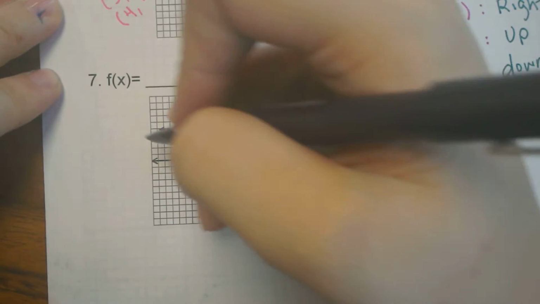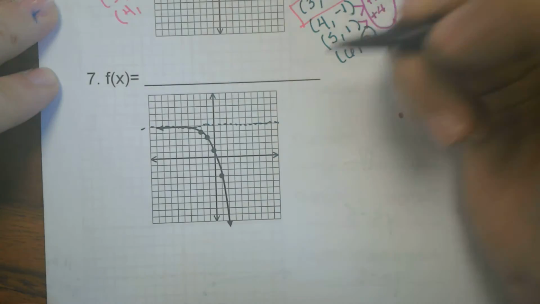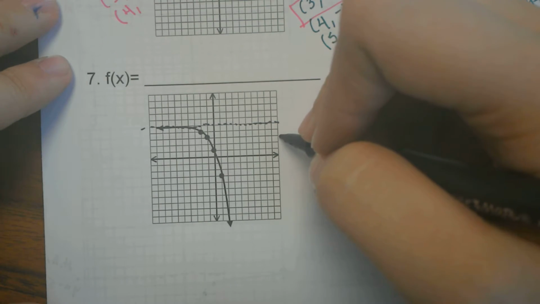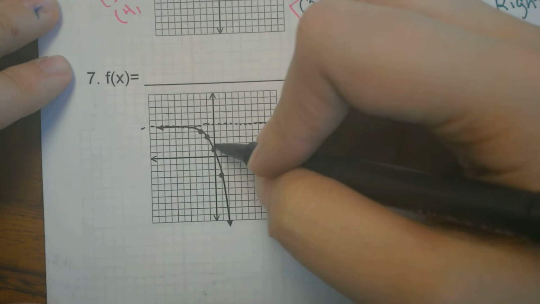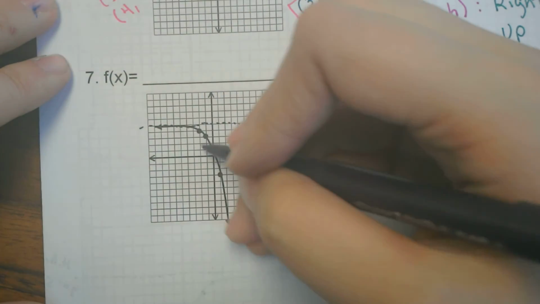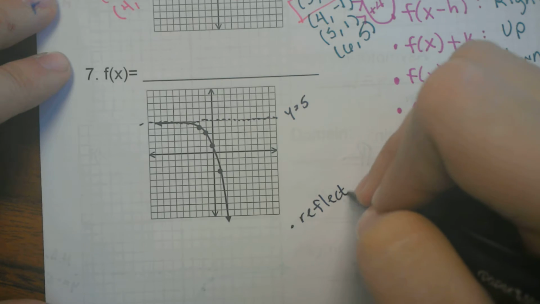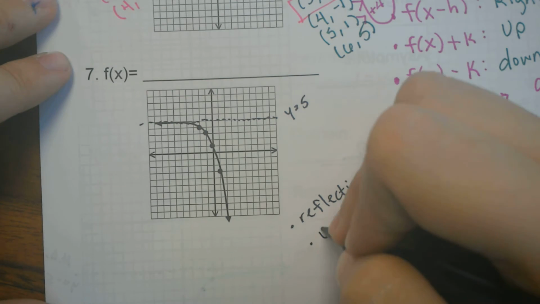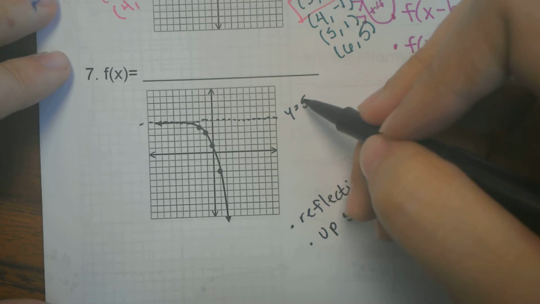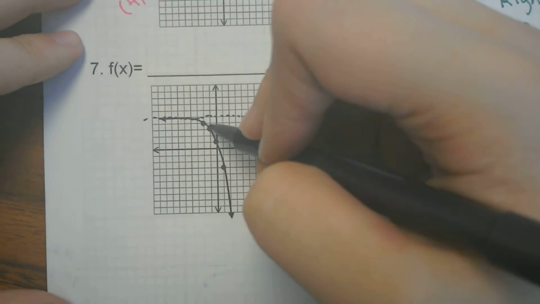So this one, I have my horizontal asymptote at 5. And my graph is below that, and so there's a reflection. And since it was at 5 and not 0, there is a shift up 5. Let me look at some points.